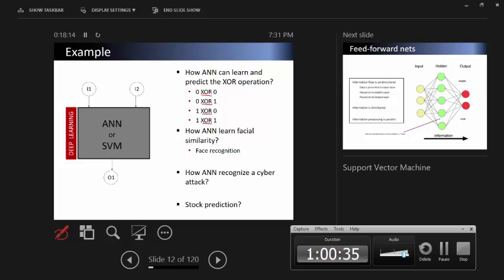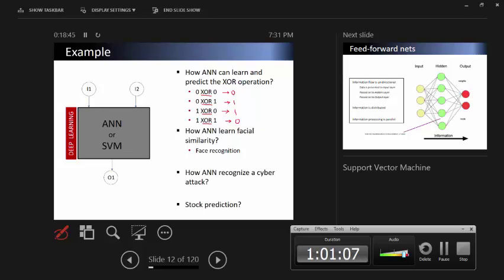So 0 XOR 0 returns 0. 0 XOR 1 returns 1 because they are different. 1 XOR 0 returns 1. 1 XOR 1 returns 0, right? So can you train with that? That's what we want to do, right?